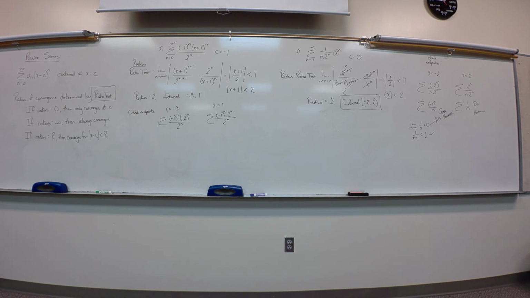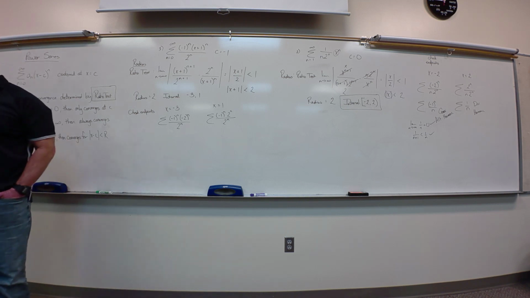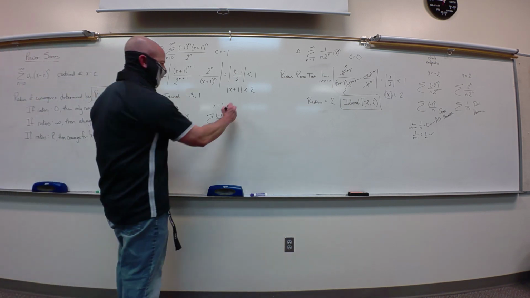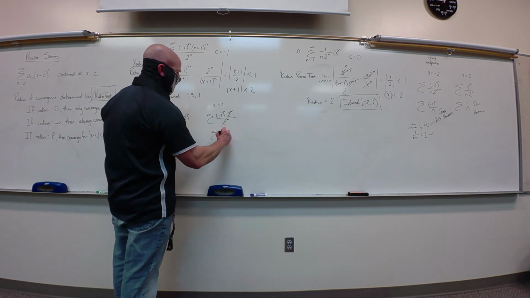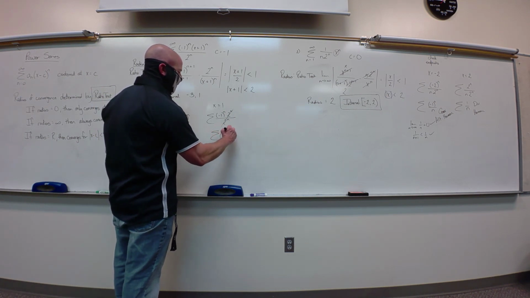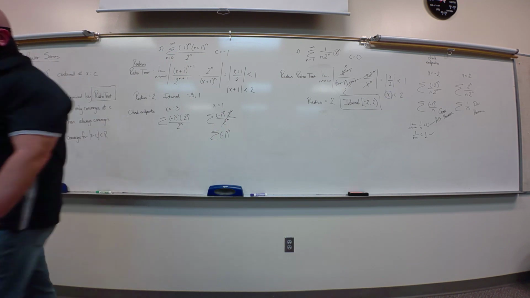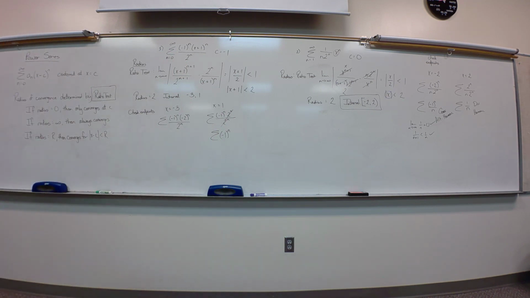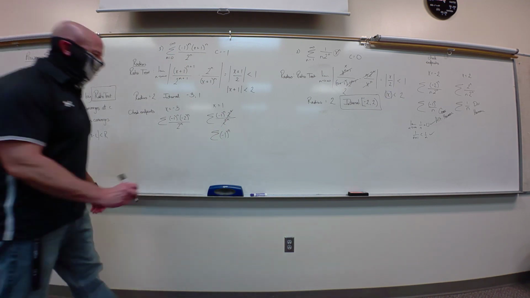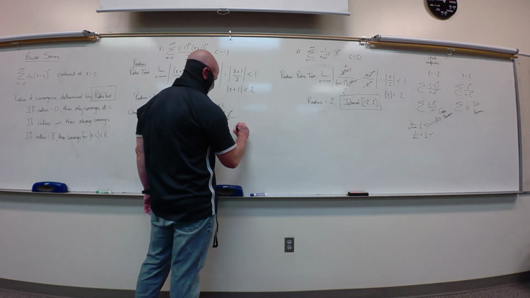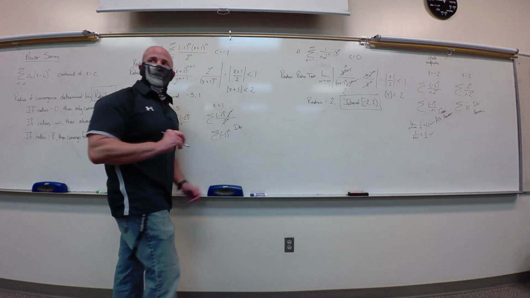diverge. So the right one looks a little easier because the 2^n's cancel. Not much going on over here. So this will be the sum of (-1)^n. Converge or diverge? What do you think? Diverge? Why? Which test?